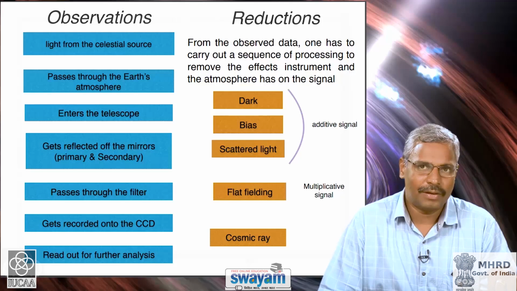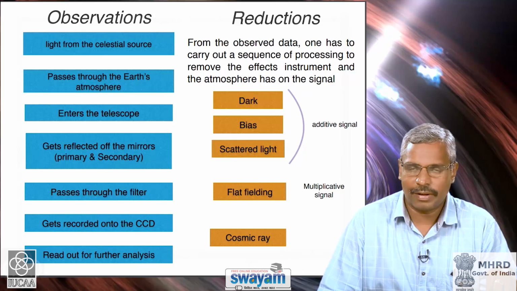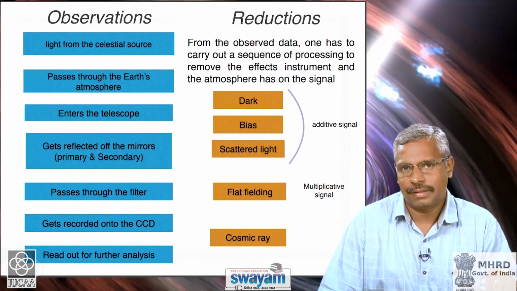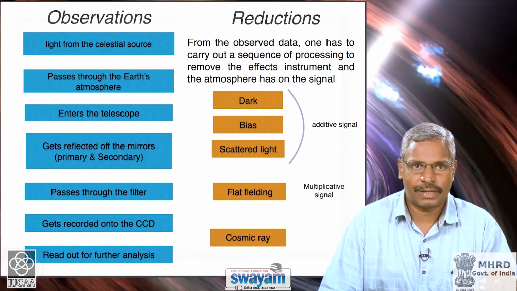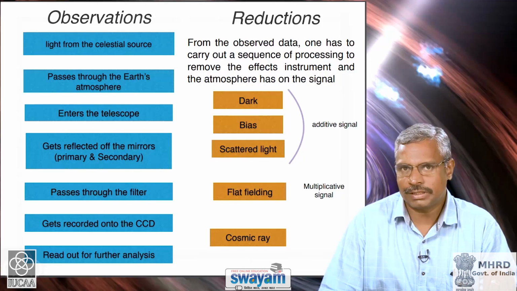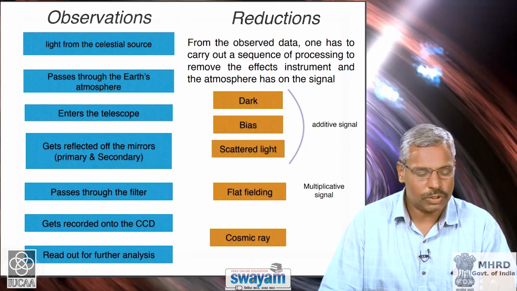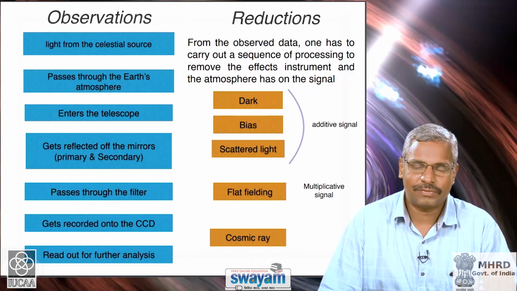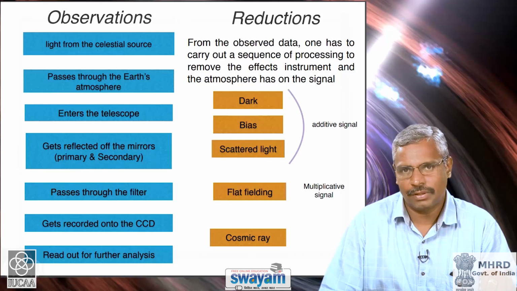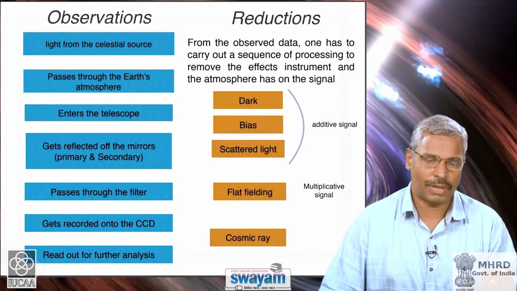So, for that we follow a procedure called flat fielding, wherein the telescope or the detector is exposed to a blank sky. The assumption here is that the sky is uniform, flat. So, once we record these flat fields, the science frames are divided by the flat frames to bring the pixel sensitivity to a uniform level.